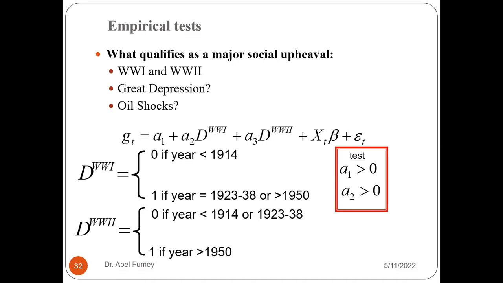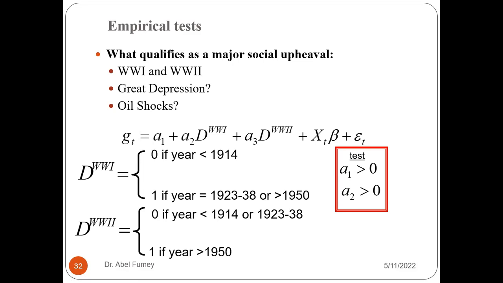Then per the regression analysis, we want to test that the coefficients of the world wars are greater than 0. If the coefficients are greater than 0, then it means that during the years where there was war, government spending was higher than years that the war wasn't there. So having a positive coefficient for either WW1 or WW2 means that during the times of war, government spending increased. That is what the Peacock and Wiseman model is about.